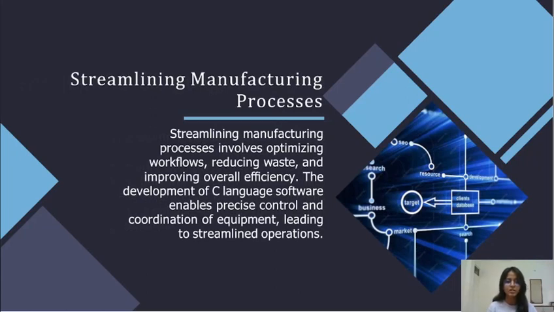Streamlining manufacturing process. Streamlining manufacturing process involves optimizing workflows, reducing waste, and improving overall efficiency. The development of C language software enables precise control and coordination of equipment, leading to streamlined operations.